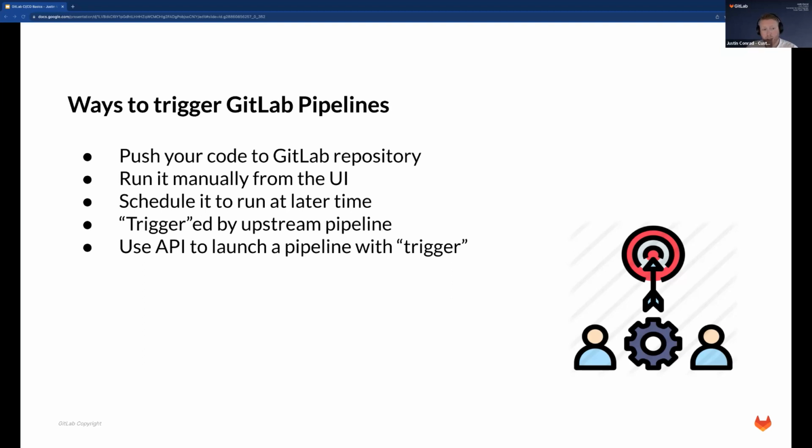You can use the GitLab API to trigger pipelines programmatically. You could configure webhooks to trigger pipelines on specific events. You could also set up external triggers through the GitLab CI/CD API. And you can also define dependency pipelines to trigger downstream stages as well.